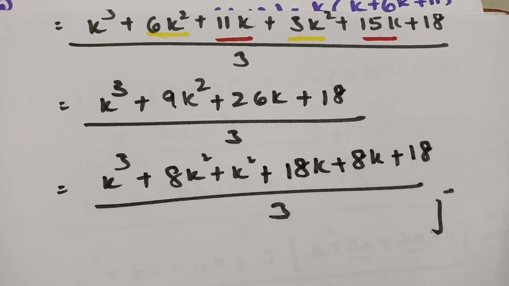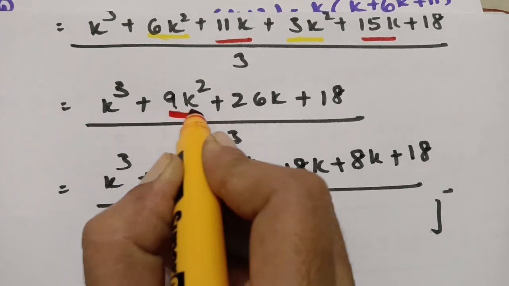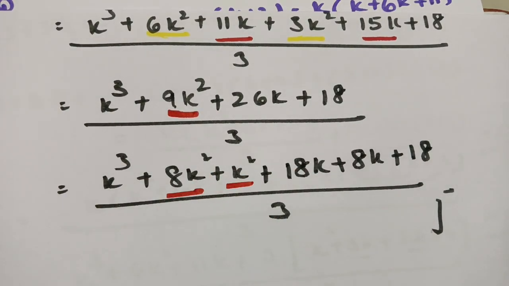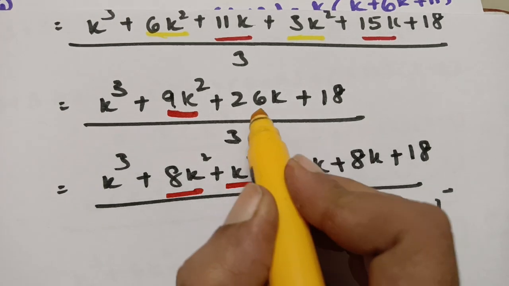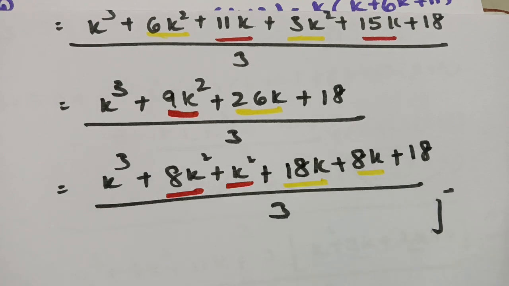See here, for my convenience I am writing this one, so 9k is written as 8k plus k square, and next one this 26k, I wrote this as 18k plus 8k.